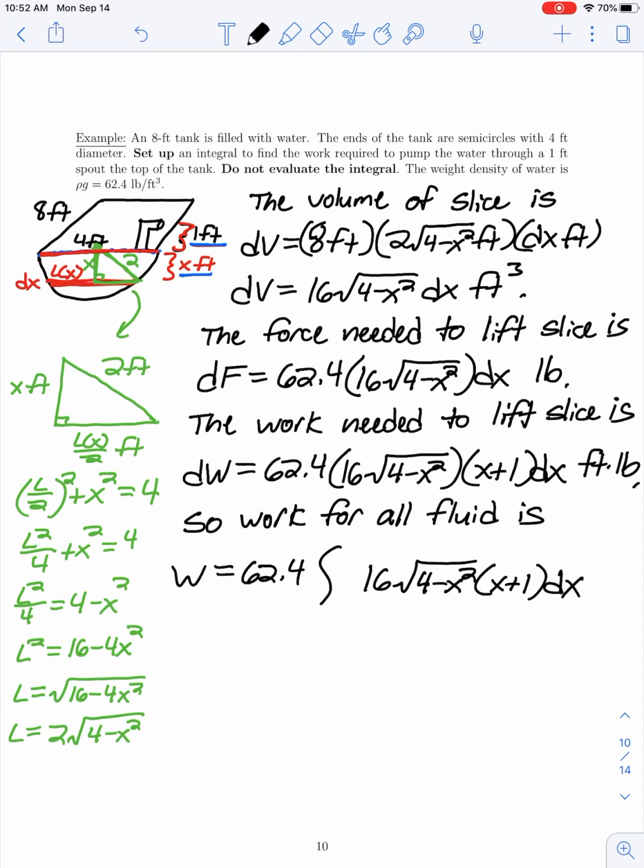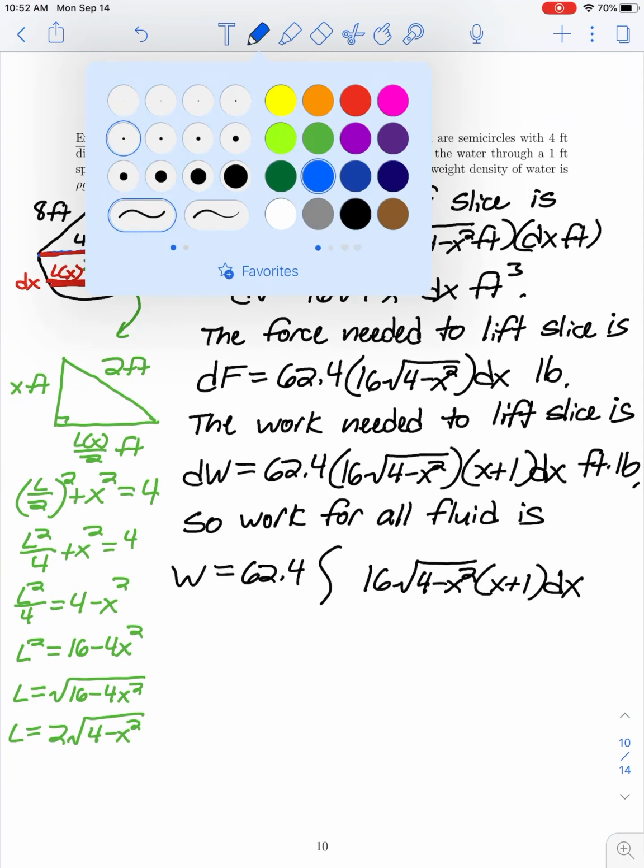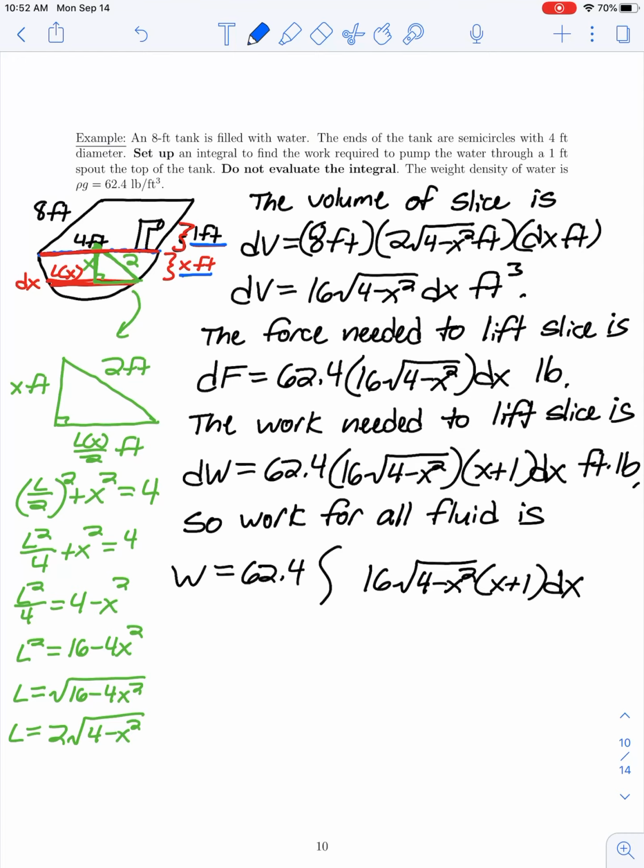And let's think about what the range of x values is. So here x was the distance from the top edge of our tank downward. Since this was full of water, I would start with the water at the top edge of our tank, which would correspond to an x value of 0.